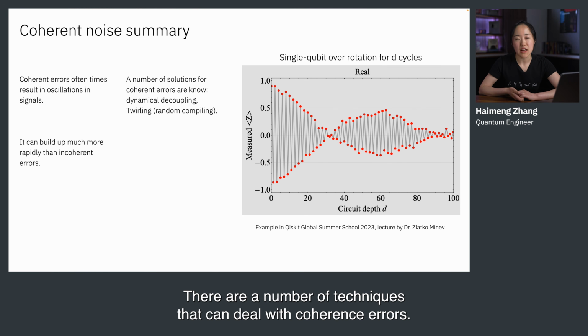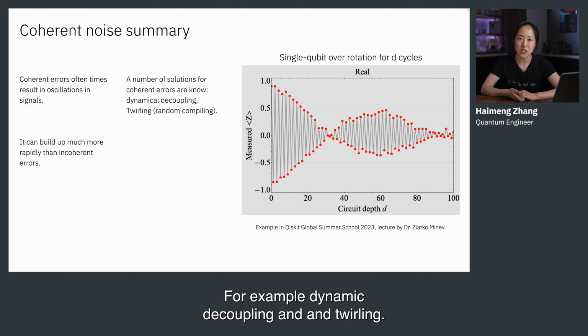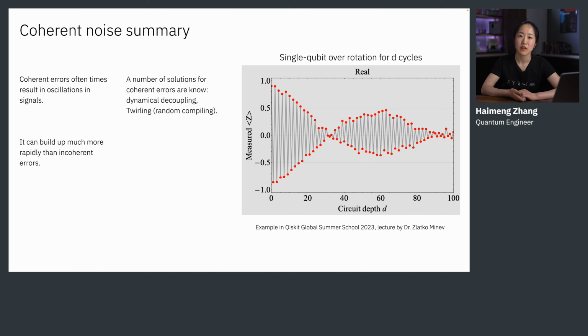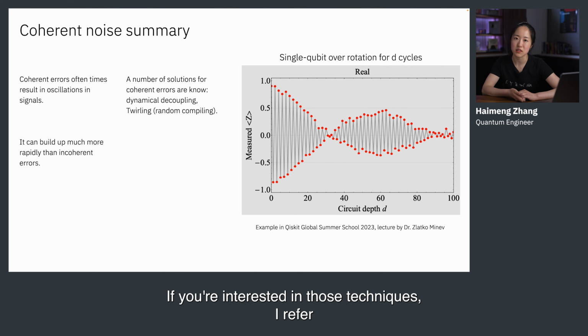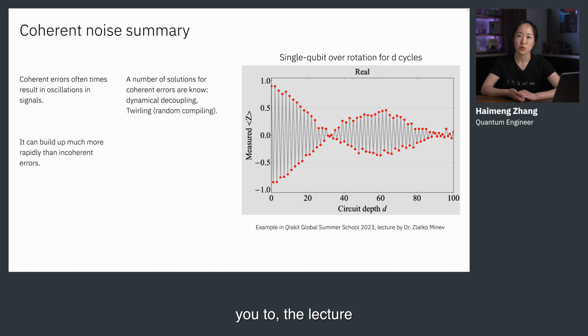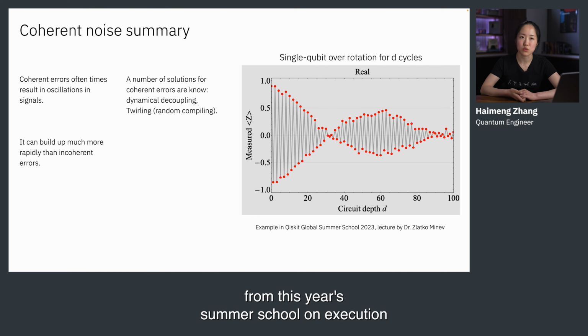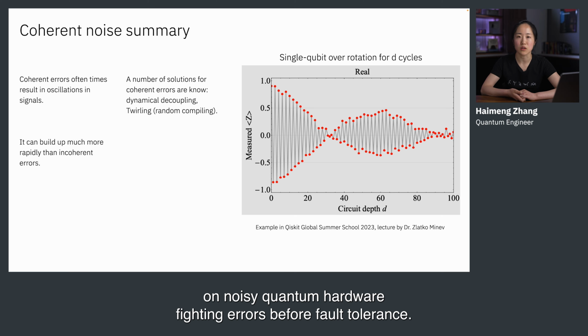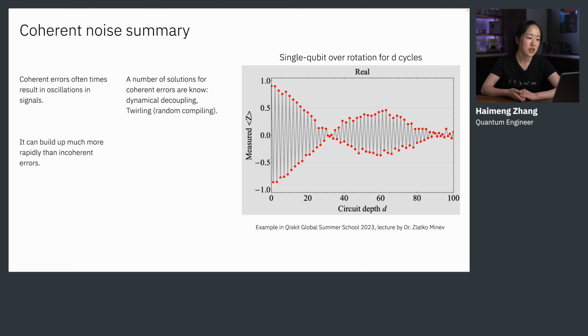There are a number of techniques that can deal with coherent errors, for example, dynamical decoupling and twirling. If you're interested in those techniques, I refer you to the lecture from this year's summer school on execution on noisy quantum hardware, fighting errors before fault tolerance, by my colleague Pedro.